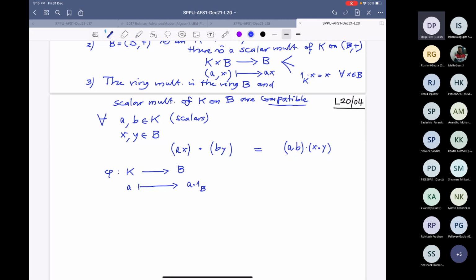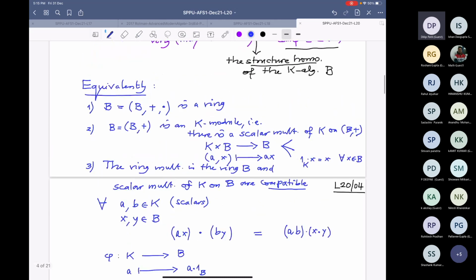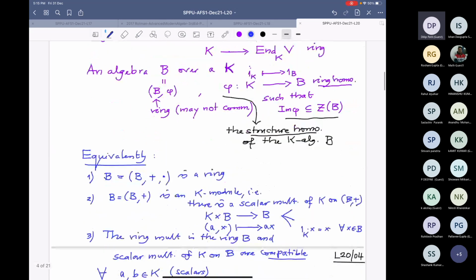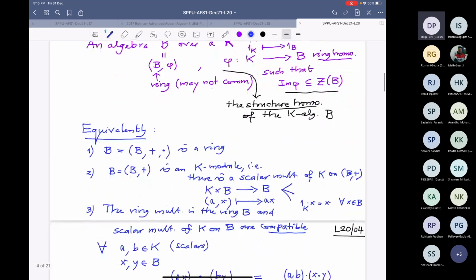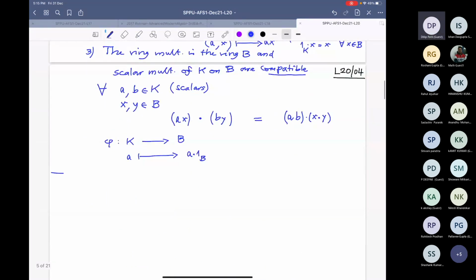And this will then be the structure homomorphism for this algebra K. Conversely, if you have this, then you can define also the same. So these definitions are equivalent. This is exactly similar checking to what we have done in the case of group actions, the operation maps and the action homomorphisms. Similar checking, nothing more. So that is what the algebra means.